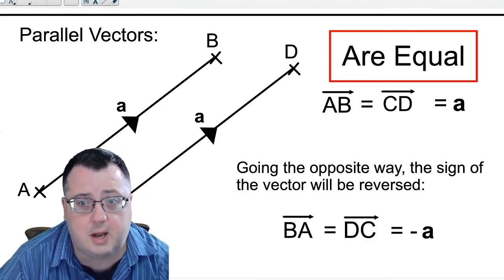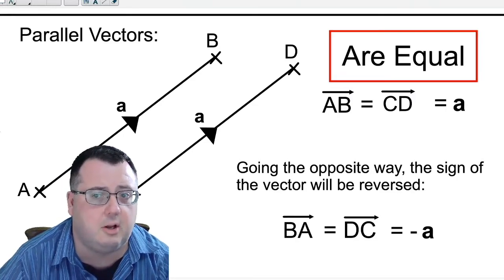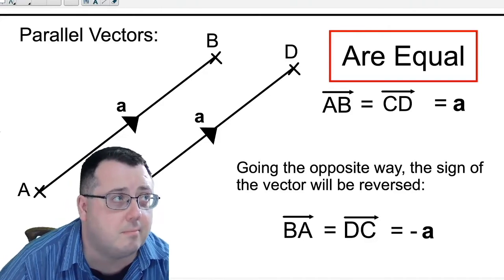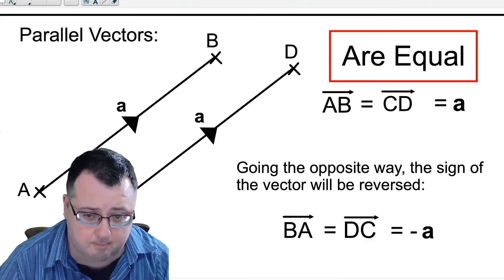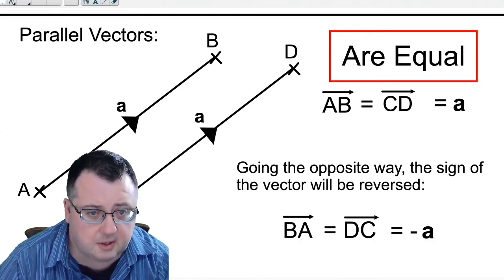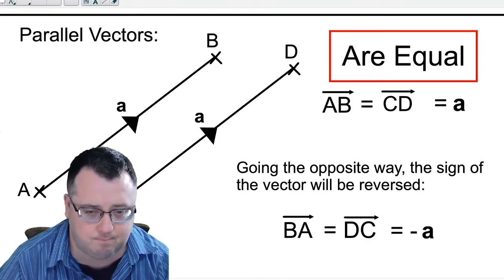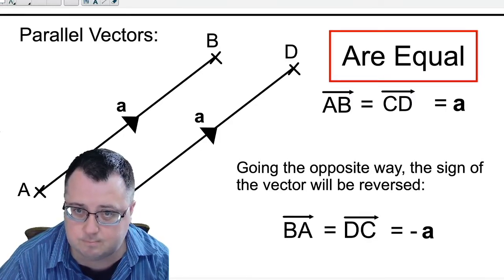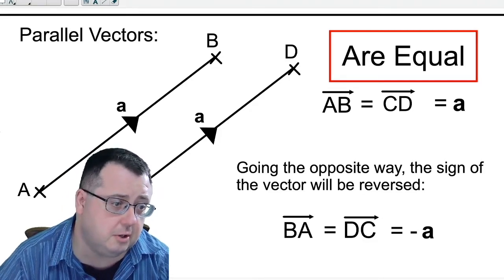So A to B with an arrow above it is going to be equal to C to D with an arrow above it, and that will all equal a. Or going the opposite way, B to A and D to C, you're going to get negative a. Are we happy so far? Good.